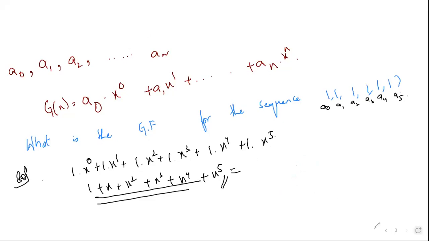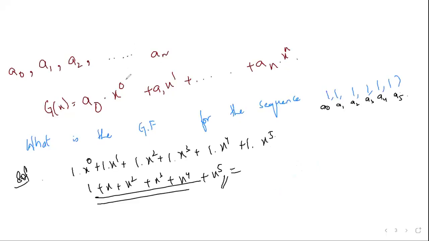Now the next thing is, suppose we have a0, a1, up to an, which we have already seen. The one that I have already written here can be written as 1 plus a1x plus a2x square plus and so on up to an x power n.